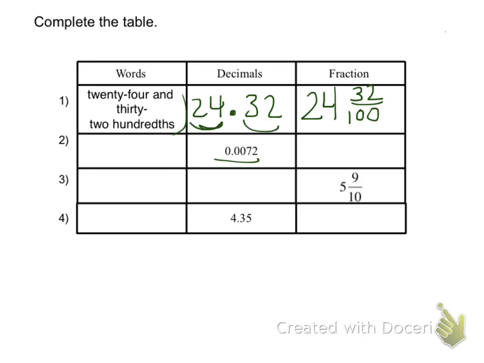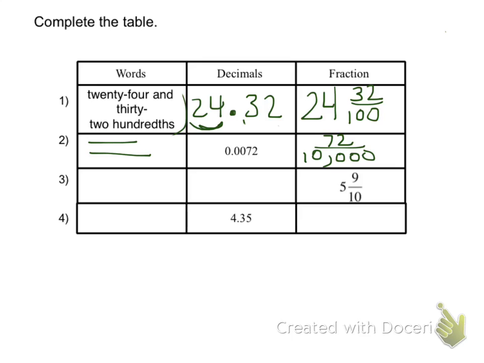So the first thing that I'm going to look at is my place value. So I have tenths, hundredths, thousandths, 10 thousandths. So right away, it's going to end with 10 thousandths. This number right here is 72. So I would say 72 10 thousandths. My fraction would be, just say it out loud and you got it, 72 10 thousandths. It would look like that. And you can definitely simplify that.